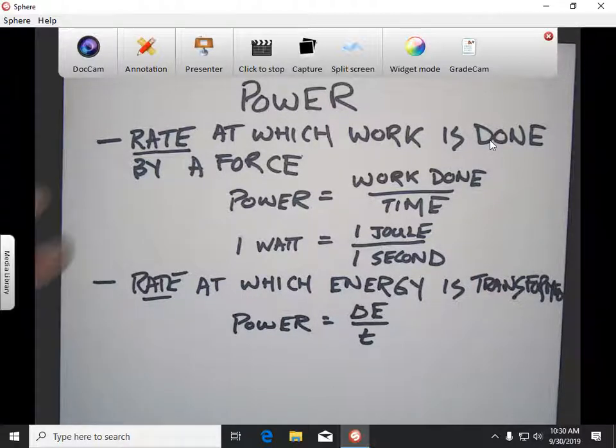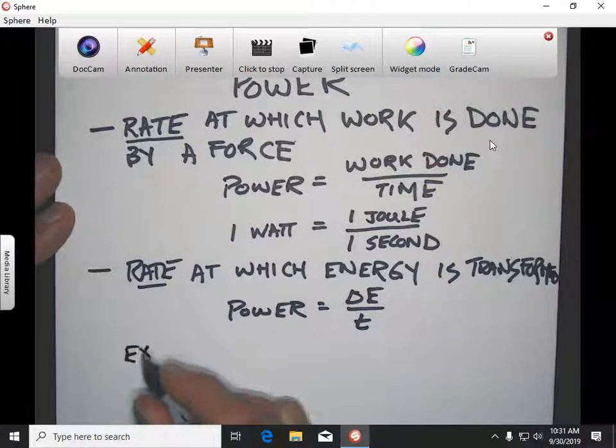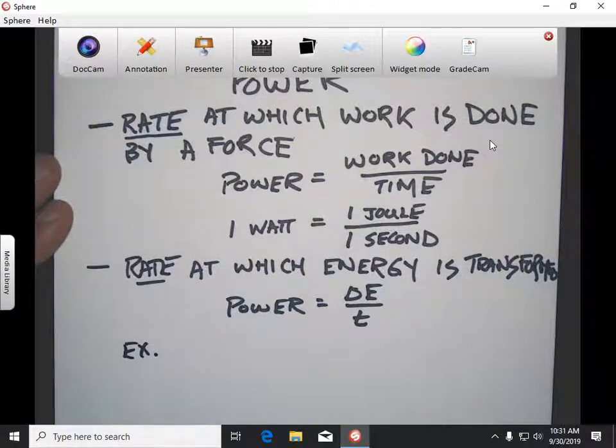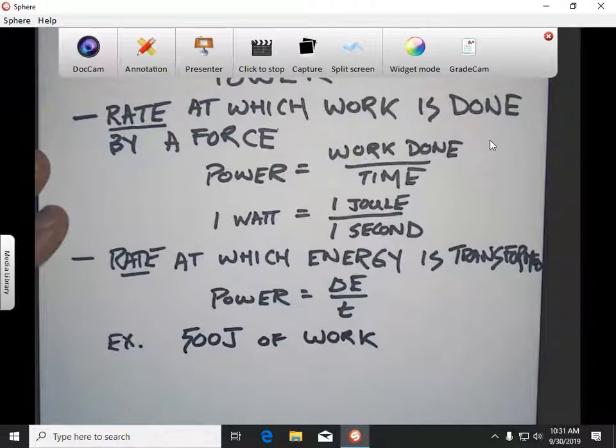Okay. So let's do an example here. Let's talk about an example involving average power. What if a force does a certain amount of work, let's say 500 joules, and let's say that it does that work in maybe 5 seconds.